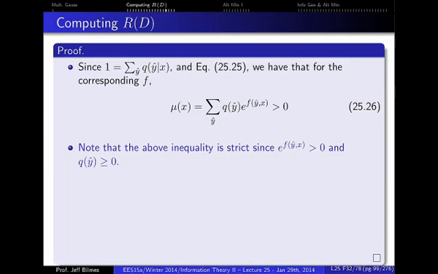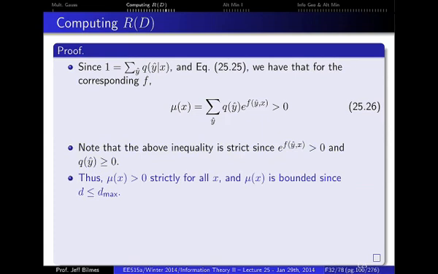And the above inequality, moreover, is strict thanks to the normalization property, and the fact that q of y hat is never less than or equal to 0 when we add that constraint. And thus, mu is going to be greater than 0. And also, mu is going to be bounded from above thanks to the fact that the distortion is upper bounded by D max.